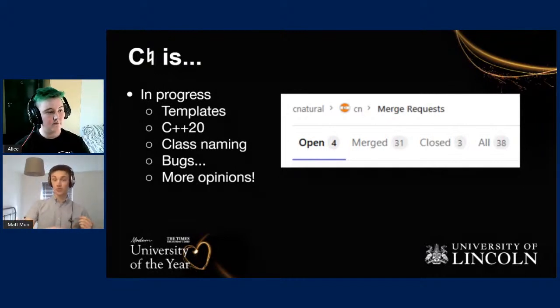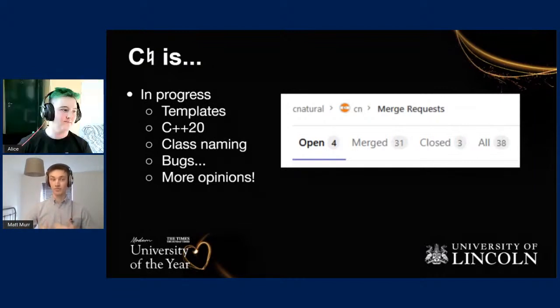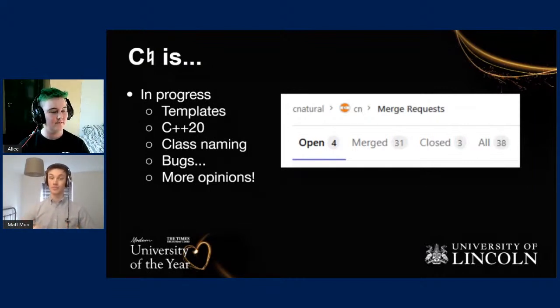So even a relatively small feature set, like what we've just shown, has quite a high cost associated with it. I haven't talked too much about the implementation that exists for CNatural at the moment, the CN compiler. But if the feature set seems quite small, again, small steps before big steps when you're working on something as massive and complex as C++.